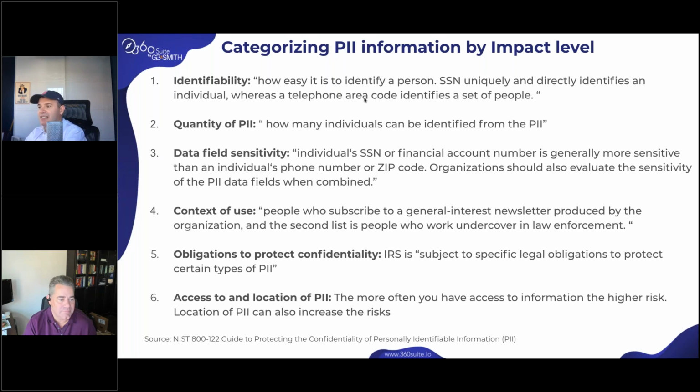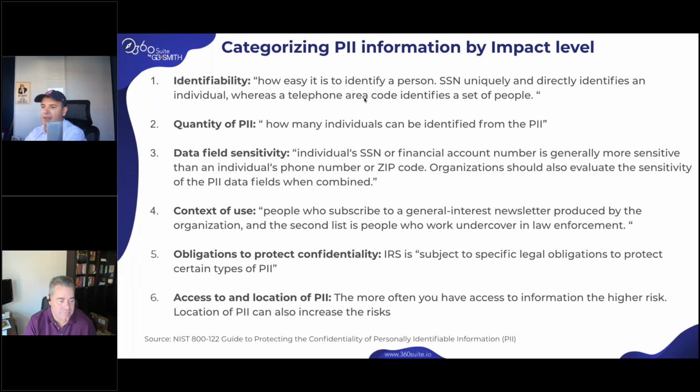Of course, you've got the context of use. Depending on what you're doing, which agency you're with, and the type of content you have, some information might be more or less sensitive. Then, which I mentioned before, you've got the obligation to protect confidentiality.